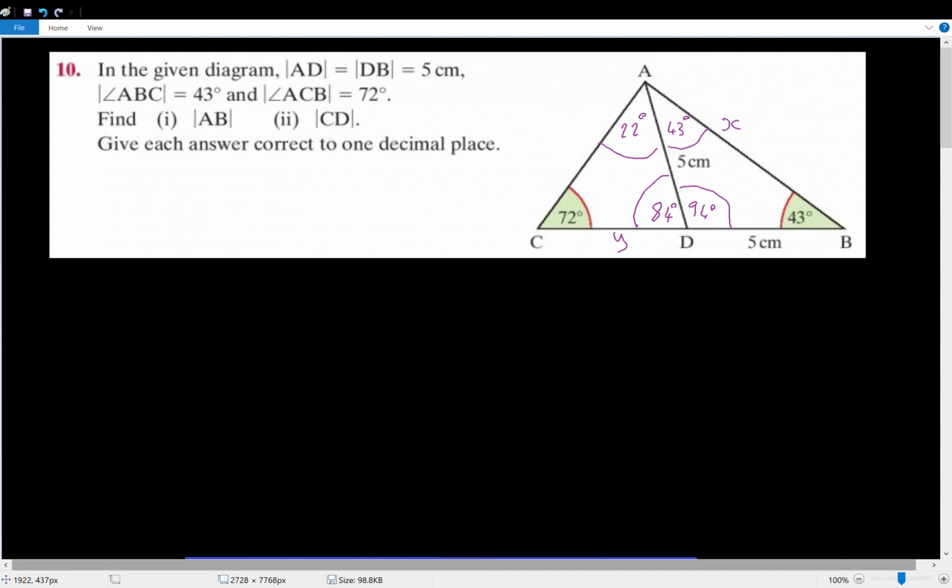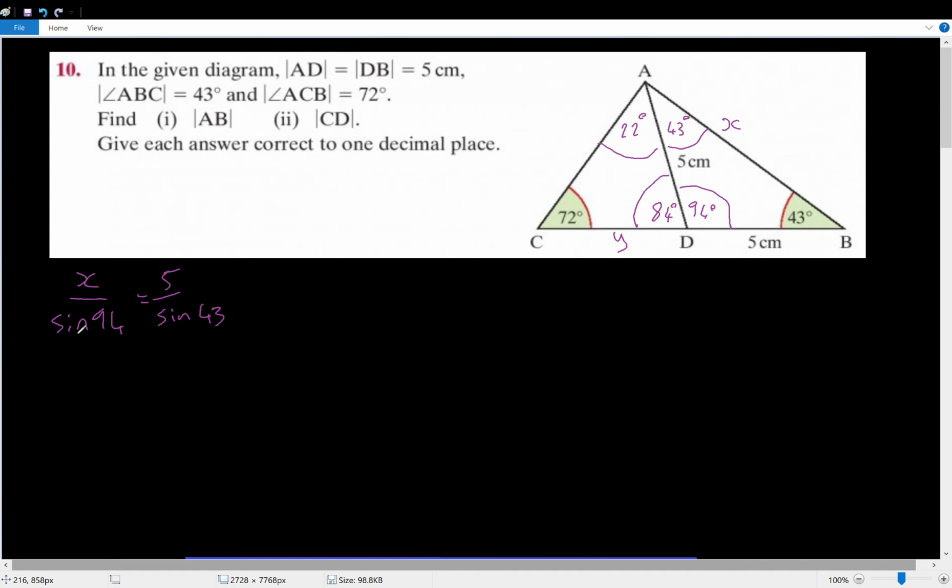So we'll start with AB. We can say X over the sine of the angle opposite it, which is 94, so sine 94, is equal to 5 over the sine of 43.